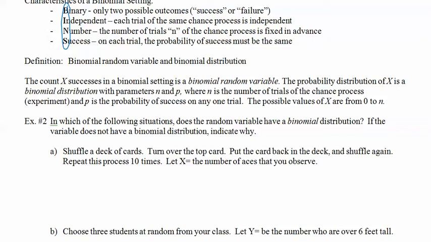The probability distribution of X is a binomial distribution with parameters n and p, where n is the number of trials of the chance process and p is the probability of success on any one given trial. Now if I'm flipping a regular coin, the probability of success for getting heads would be 50%.